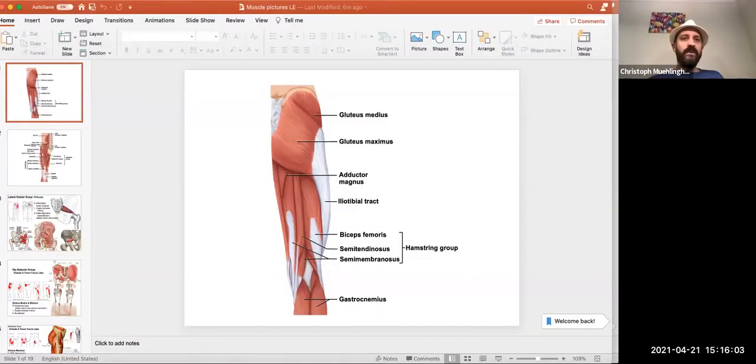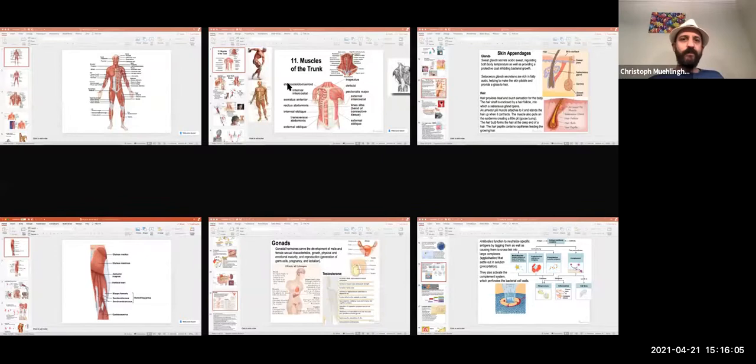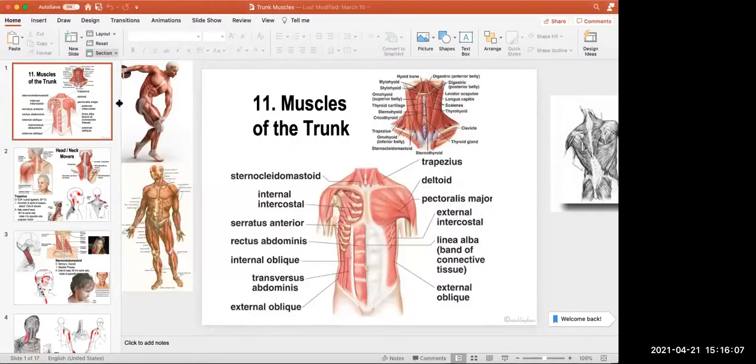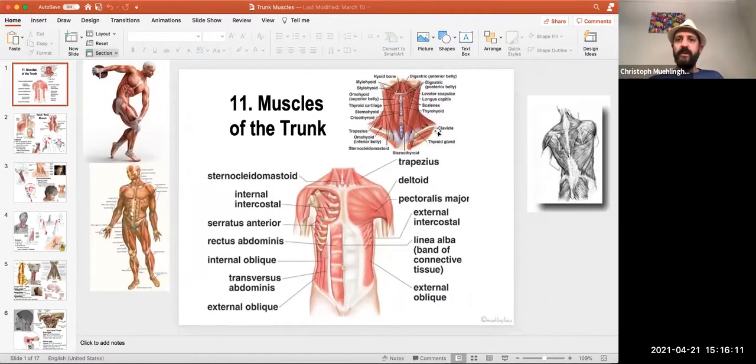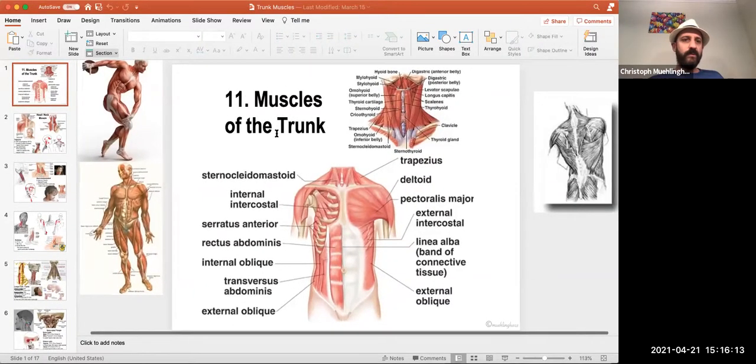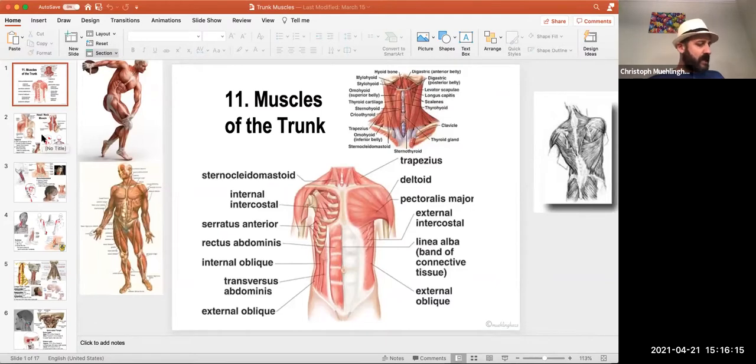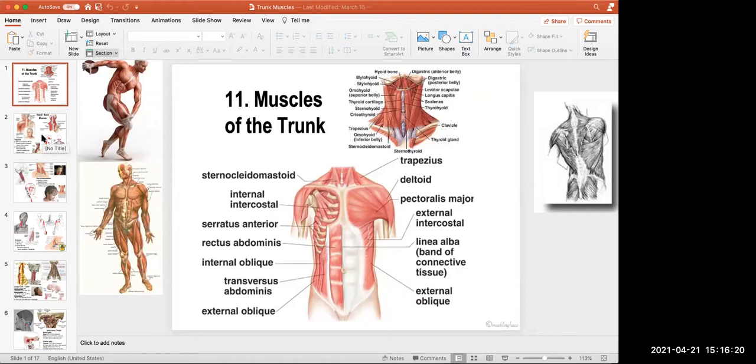So let's talk about the axial skeleton. Can you see my PowerPoint? Yes. Good. All right, we'll make this a little bigger. There we go. Size-wise, it's okay? Yeah.